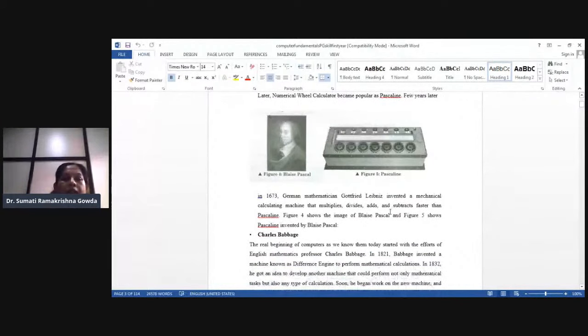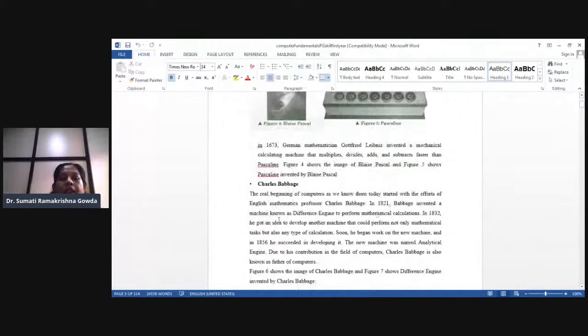Now, next is Charles Babbage. The real beginning of computers as we know them today started with the efforts of English mathematics professor Charles Babbage. In 1821, Babbage invented a machine known as the differential engine to perform mathematical calculations.